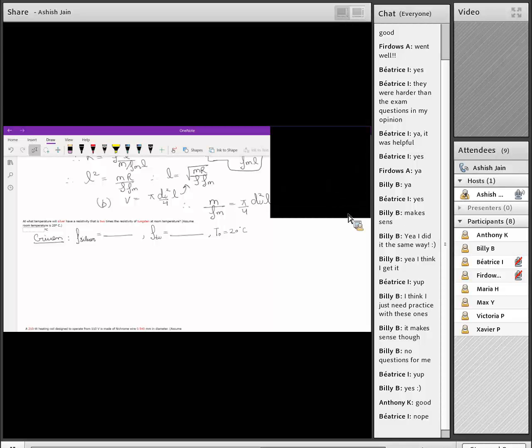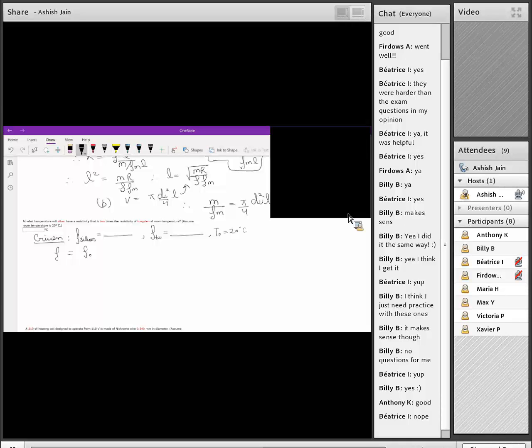Given room temperature T0 is 20 degrees Celsius. So the question asks, at what temperature silver has a resistivity that is 2 times the resistivity of tungsten?